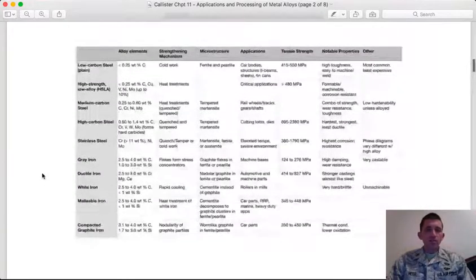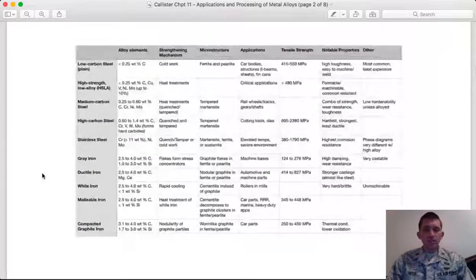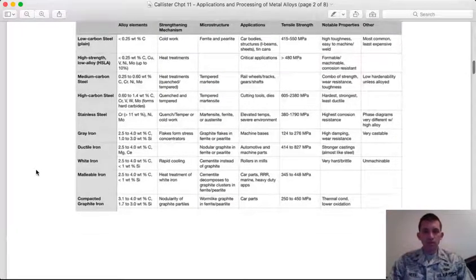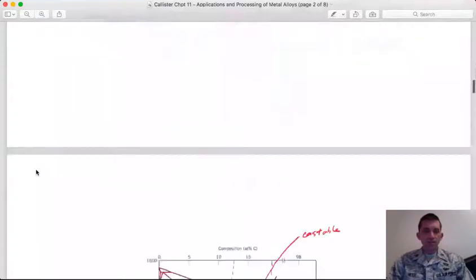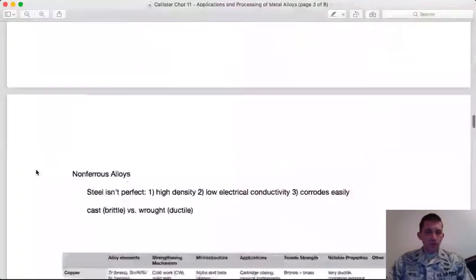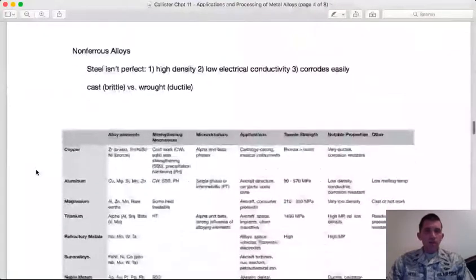Okay, so that's a bit of an eye chart, but I think if you go through it, the hope is that it allows you to compare and contrast those ferrous alloys. Okay, so going down.